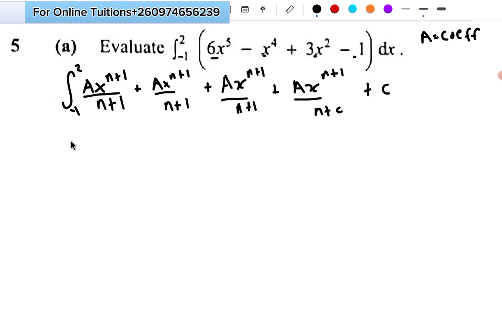So we can write my integral from -1 to 2. For the first one, your a is 6, so you write 6, then the x. Now n is the power of x, which is the 5 here.